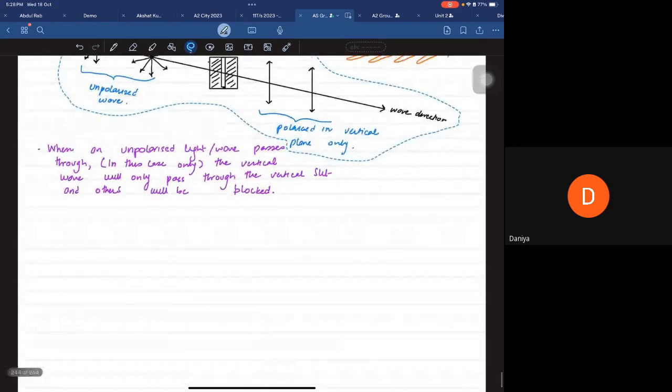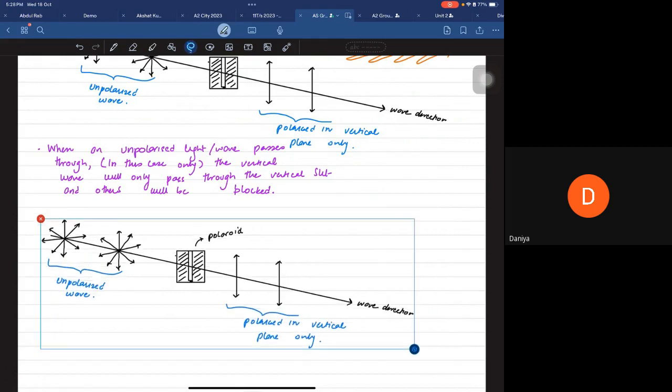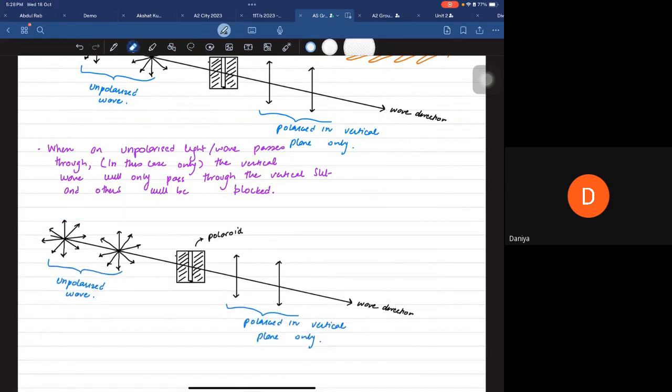Now you guys need to redraw this thing. This time, what we will do is put another filter which looks like this, like that.